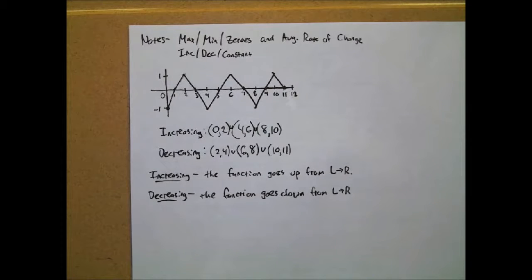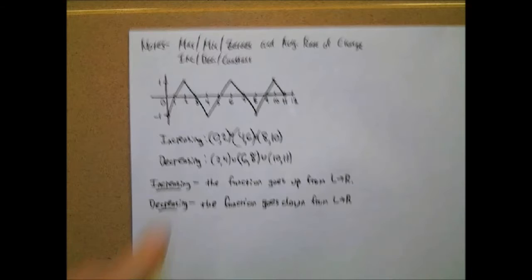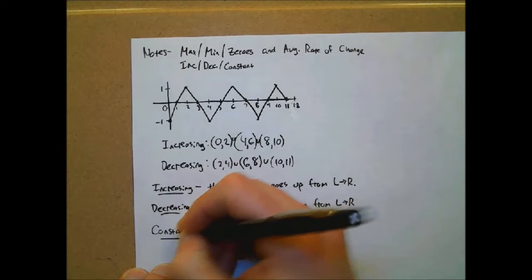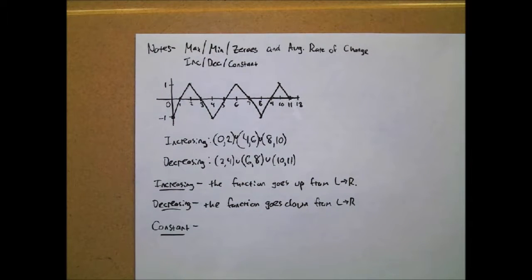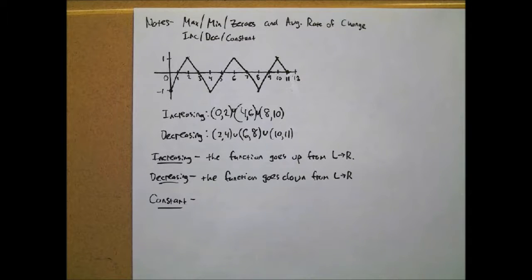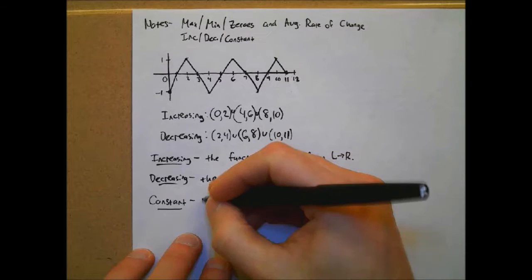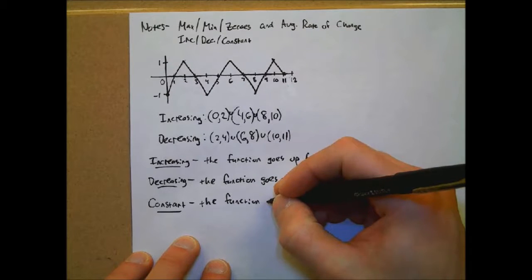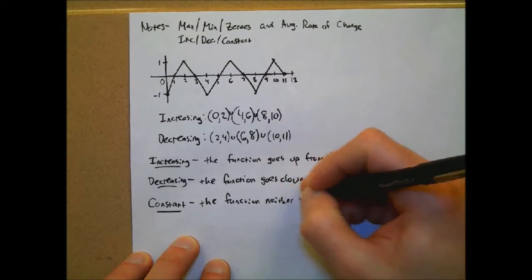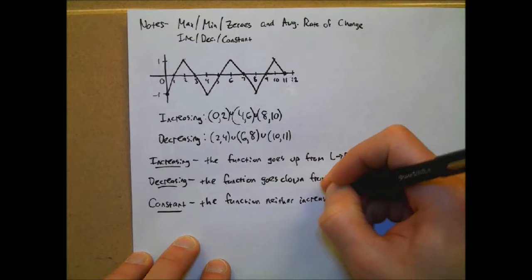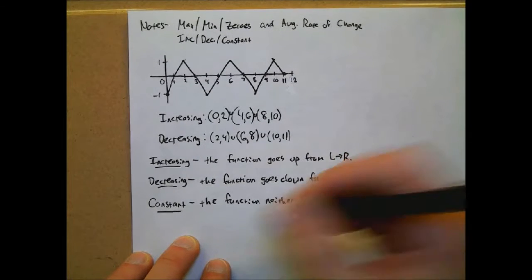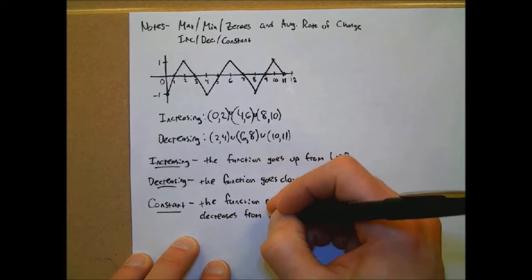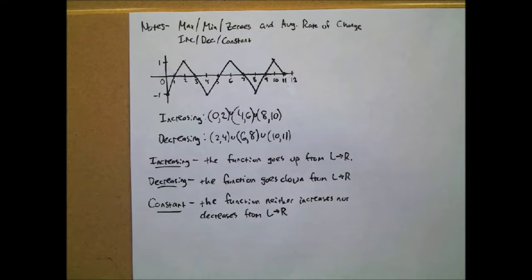And then I also had a third one up there that I threw in: increasing, decreasing, constant. What does constant mean? Yes, the function stays the same. The function neither increases nor decreases, and that would also be described as an interval.